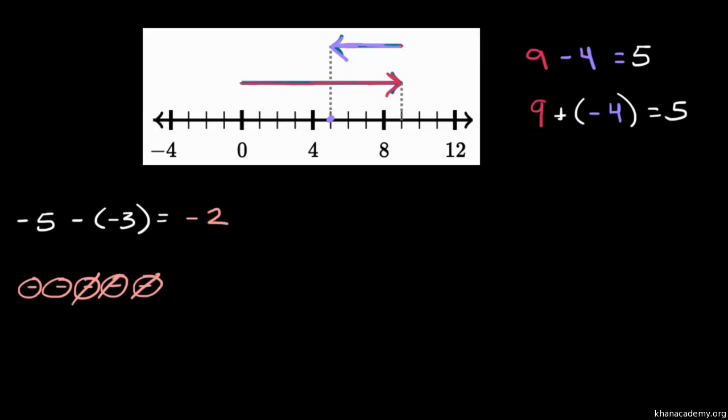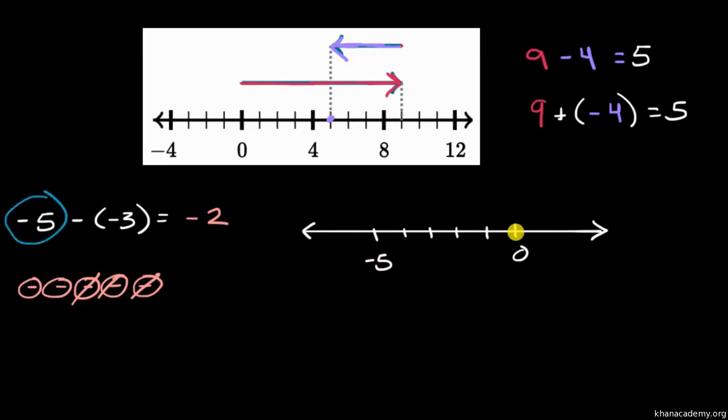So if we think about it on a number line, let me do that right over here. So if I have a number line, and let's say that this is 0 here, and I'm going to go negative 1, 2, 3, 4, 5. So this is negative 5 right over here. I can start at 0, and I can go 5 units to the left.